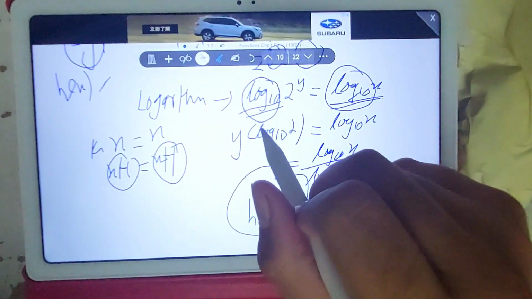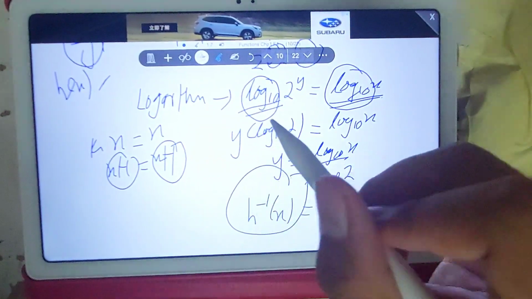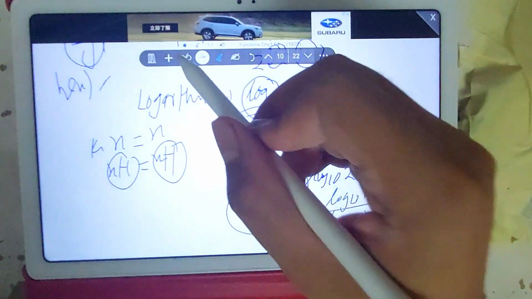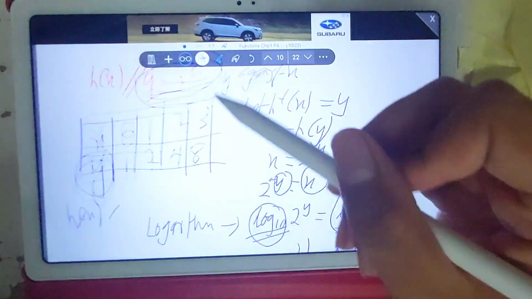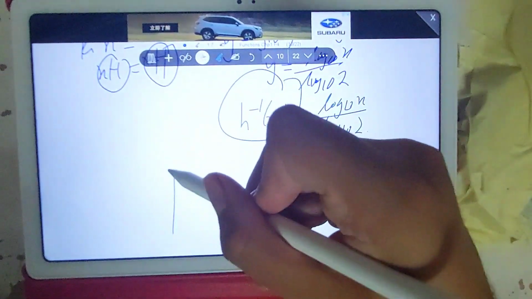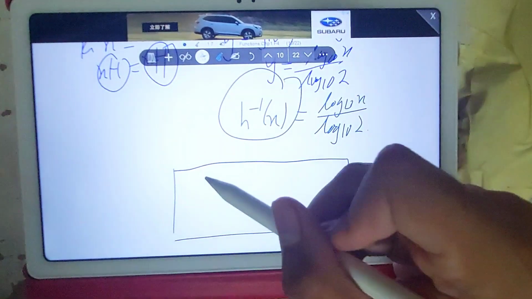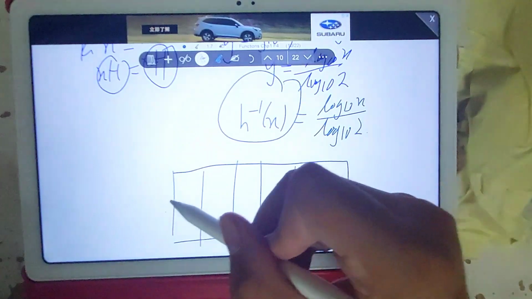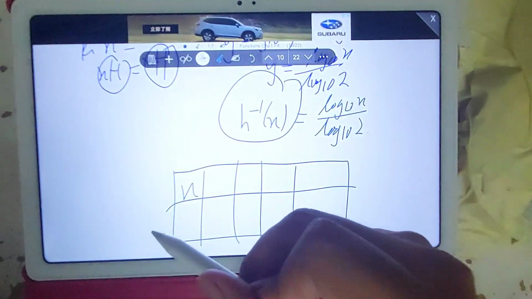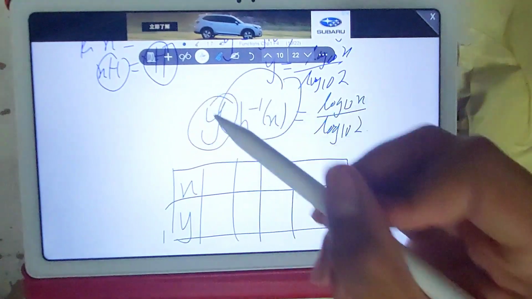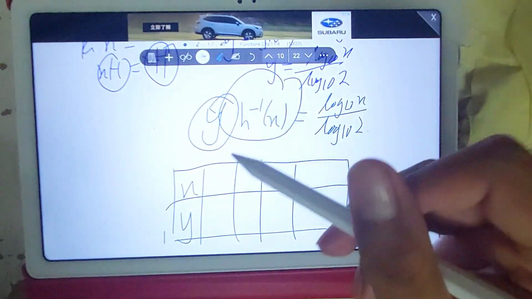And from here, you can already start to plot your graph, your table of values for this function. So let me do the table of values down here. So again, it's all about random testing and trying to find out what it matches to. So I'll put a few columns here. Here is x. You can call here as y also, because h inverse x also means y in this case, based on the assumption earlier.